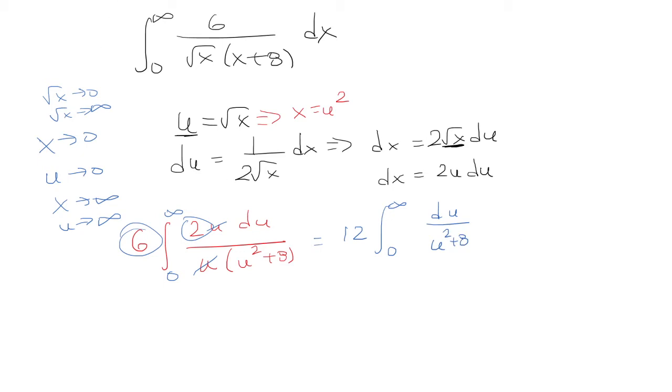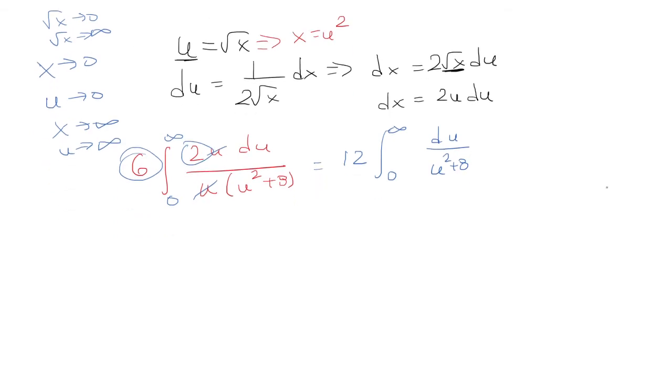At this point, you can use a trig substitution, but I'm going to avoid that. I'm going to show you how you can get away without doing one. So we're going to let u equal, actually we're going to let v equal, we'll say u equals root 8v.